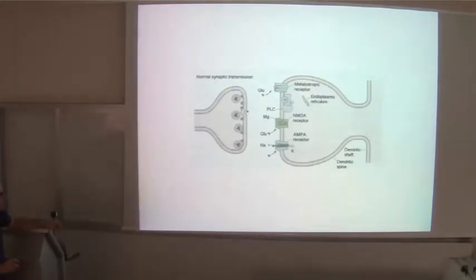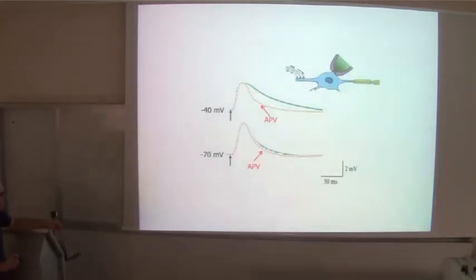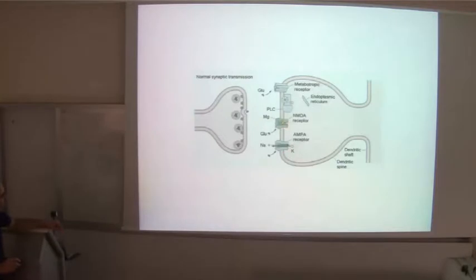Now you do the same thing again, but now you hold the cell at minus 40 millivolts. At minus 40 millivolts, the magnesium block is released, so the magnesium just goes away. So the channel now can be opened if glutamate binds to it. Okay, glutamate binds to the channel. Now current goes through both channels.